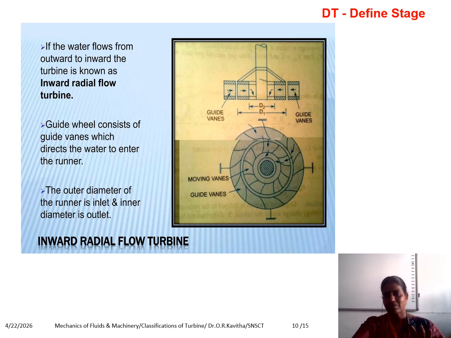In the inward flow turbine, the water enters the turbine from the outward direction and moves to the inward. When the water movement is from outward to inward, we call that an inward flow turbine.